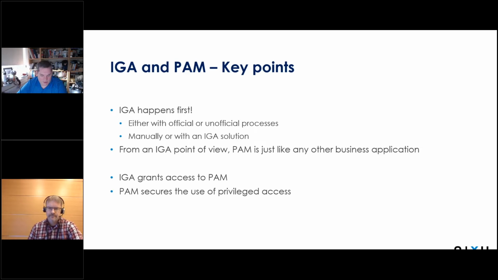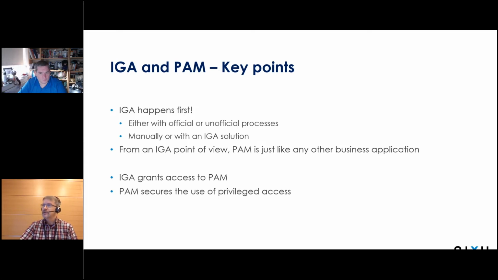The role management side of things is still pretty critical. And to automate that and make it much more of a business process is where I see the IGA side of things coming in. They're ultimately almost the gatekeepers to PAM, and then PAM is the gatekeeper to the privileged asset. Exactly. So yes, absolutely. IGA grants access to PAM, but PAM then actually secures the use of that access.